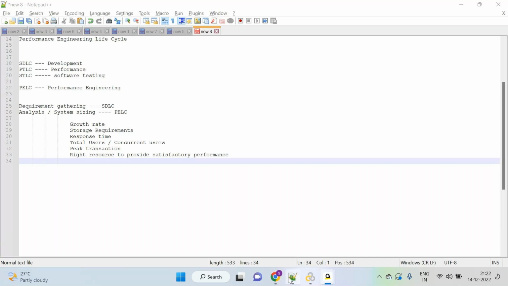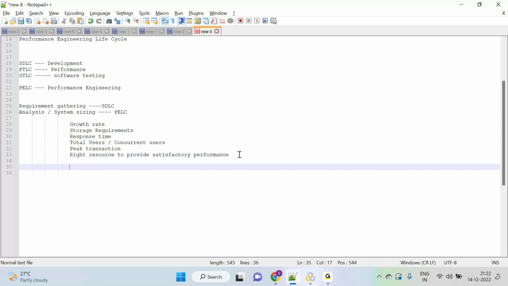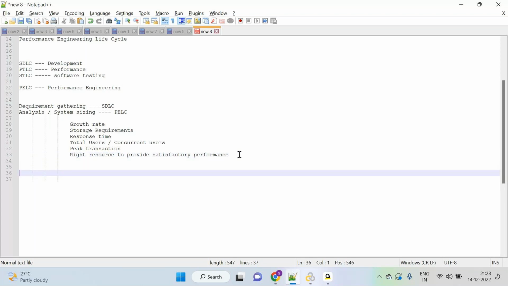So the next, requirement gathering is done, and on top of it, what everybody will do, even the developer, they will do the architecture review, right? Architecture review. So at that time, even your performance engineer should also do the architectural review. Why?